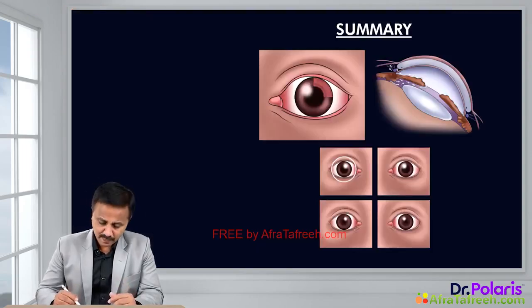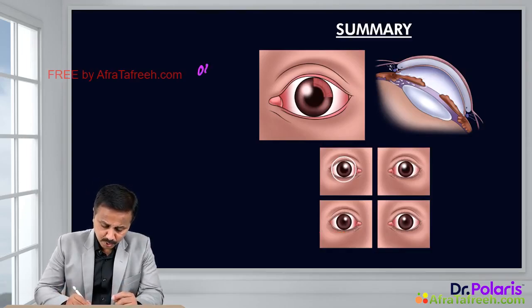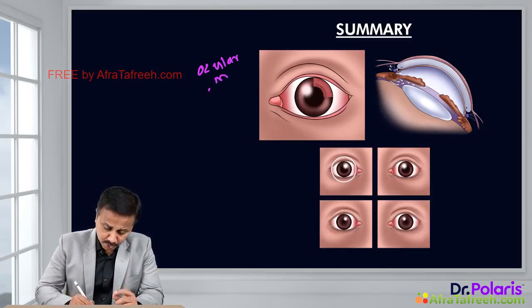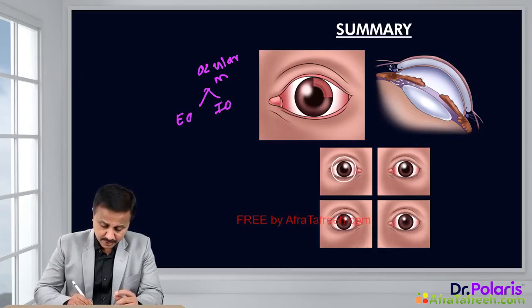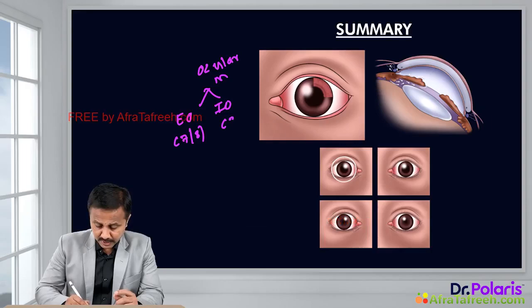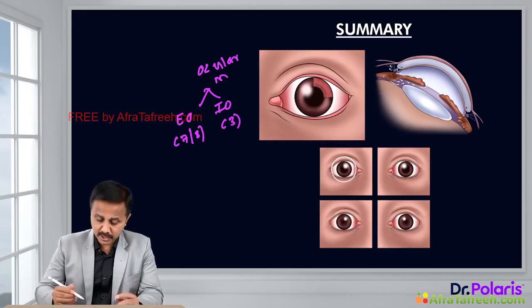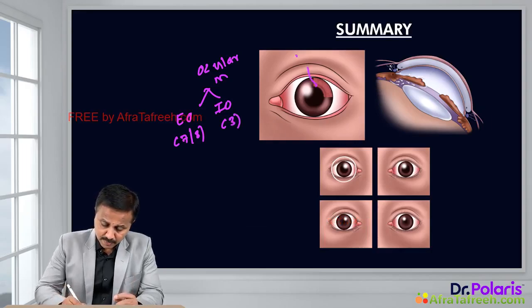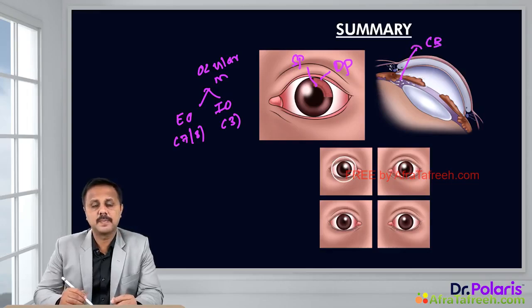Let's quickly summarize now. We classified ocular muscles into two groups: extraocular and intraocular. There are 7 or 8 extraocular muscles and 3 intraocular muscles. Intraocular muscles include sphincter pupillae, dilata pupillae, and finally the ciliary body containing ciliaris muscle.